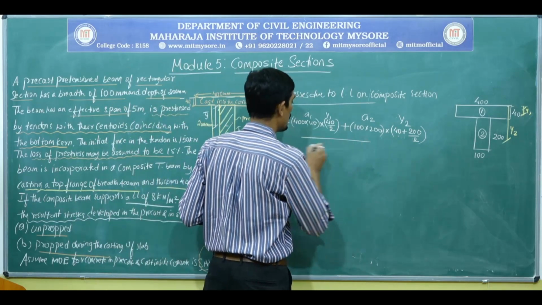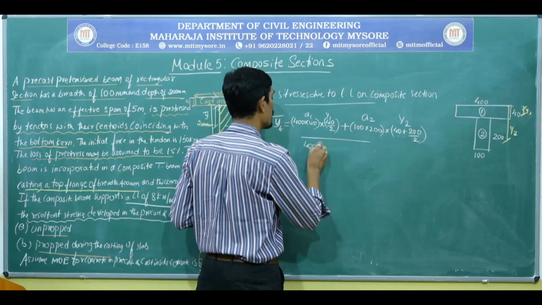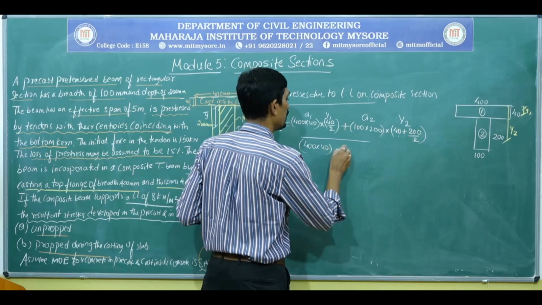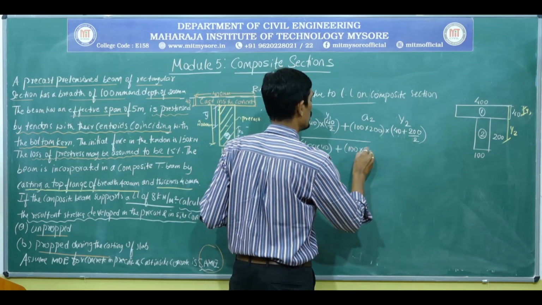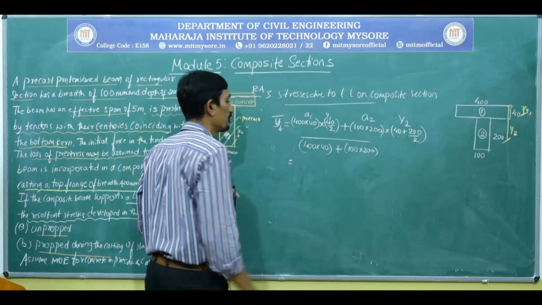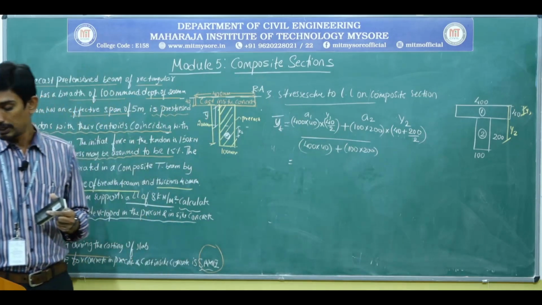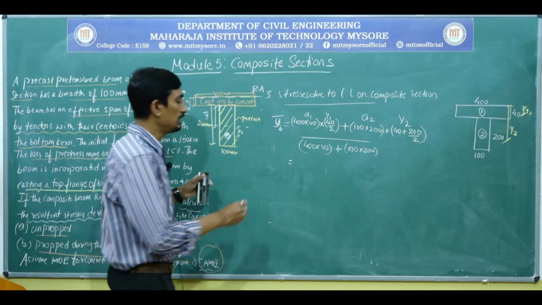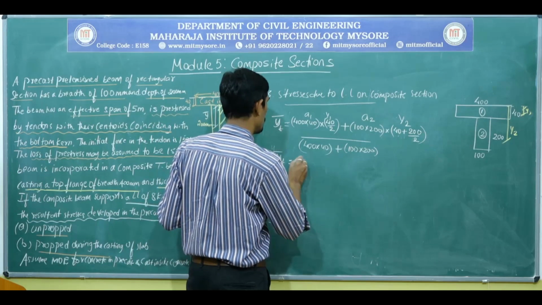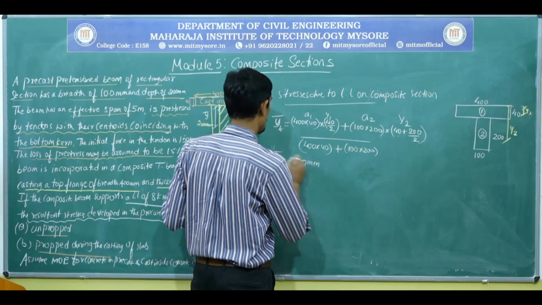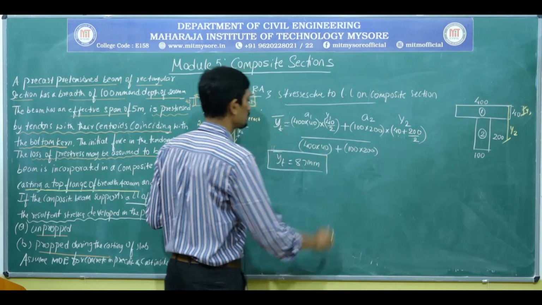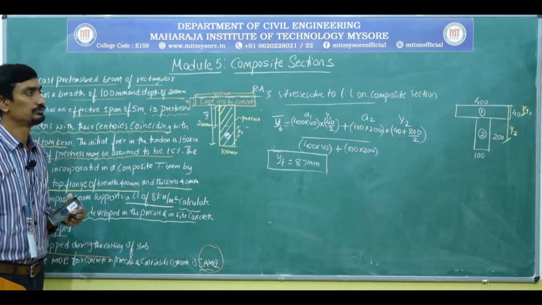Next, divided by the same thing, 400 into 40 plus 100 into 200. Therefore Y top is equal to 87 millimeter.